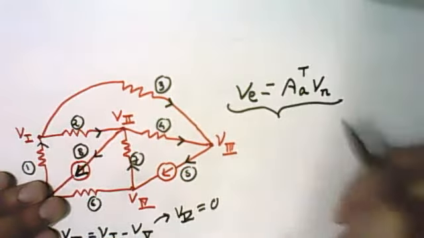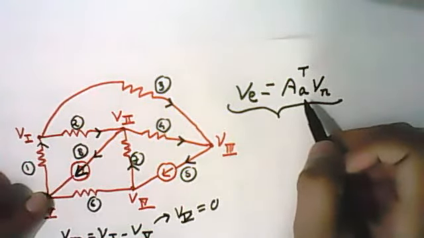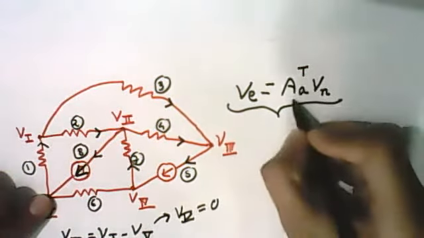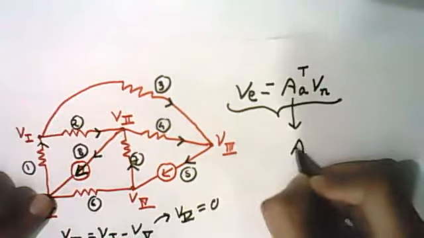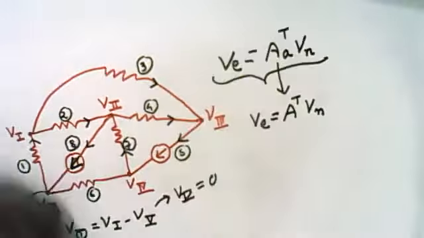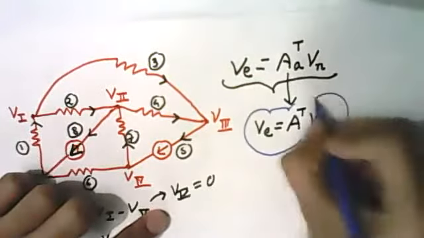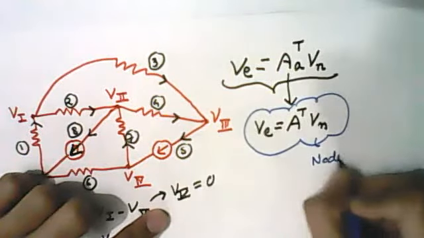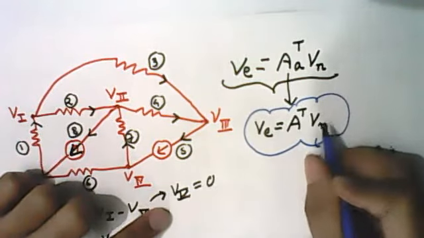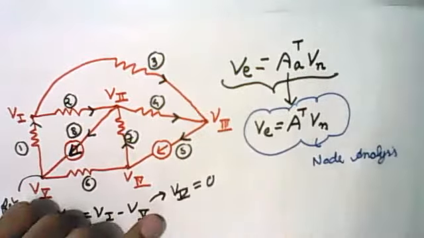Okay, in a way, if you have treated one of the vertices as reference, which is a ground, then this A will be replaced by capital A transpose Vn equals Va. And this is indeed of more importance to us. This is a generalized version, but this is for node analysis. And this is used in representing the branch voltages in terms of node voltages.